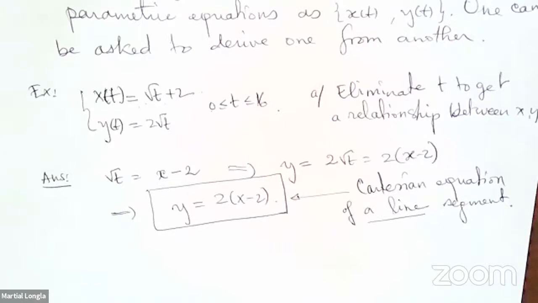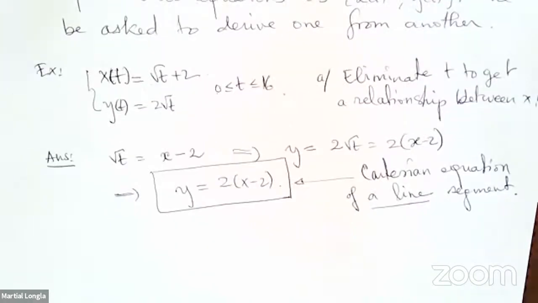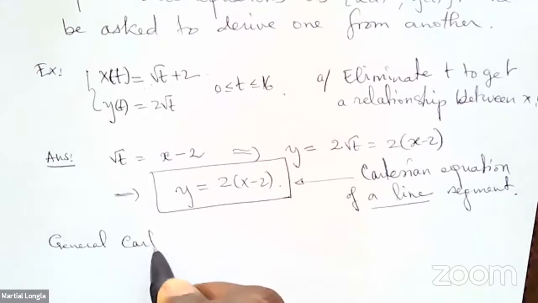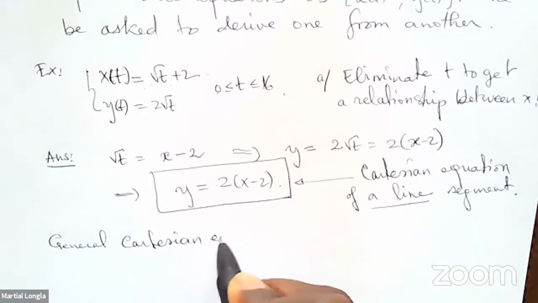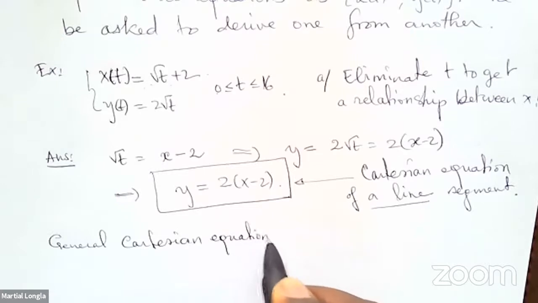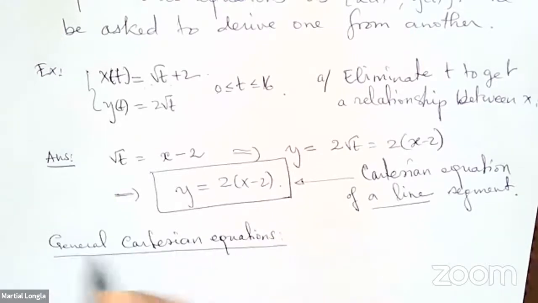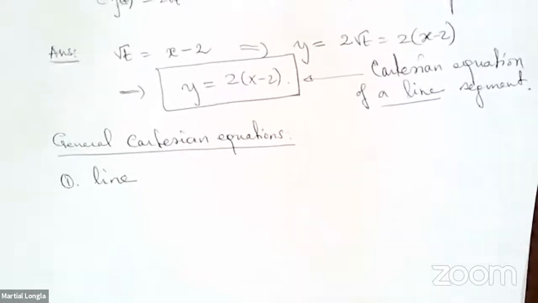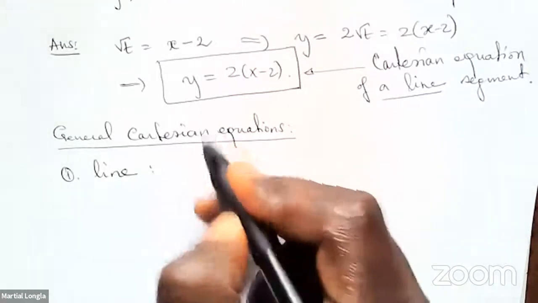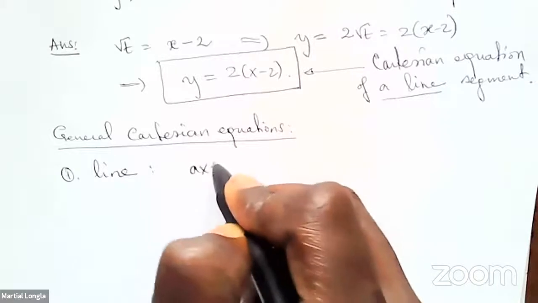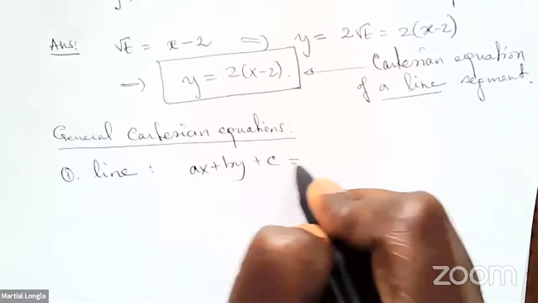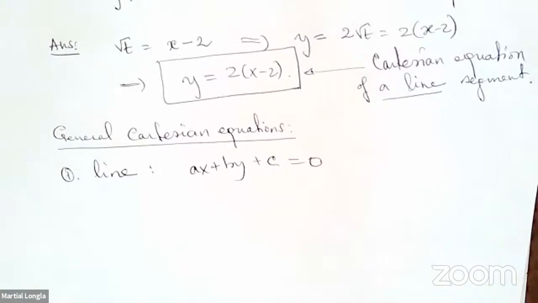All right. So, general Cartesian equations. For a line, the Cartesian equation of a line is ax plus by plus c equals 0 in general.